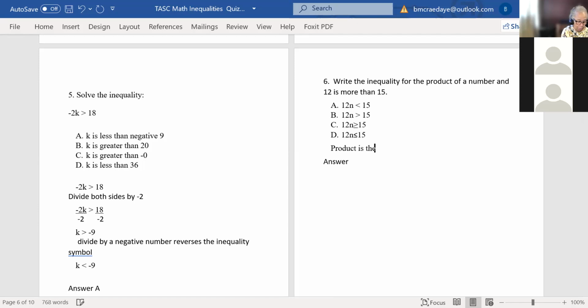I got C. The product is the result of a multiplication. It's more than 12. You said product after number. Let me see. Oh, no.